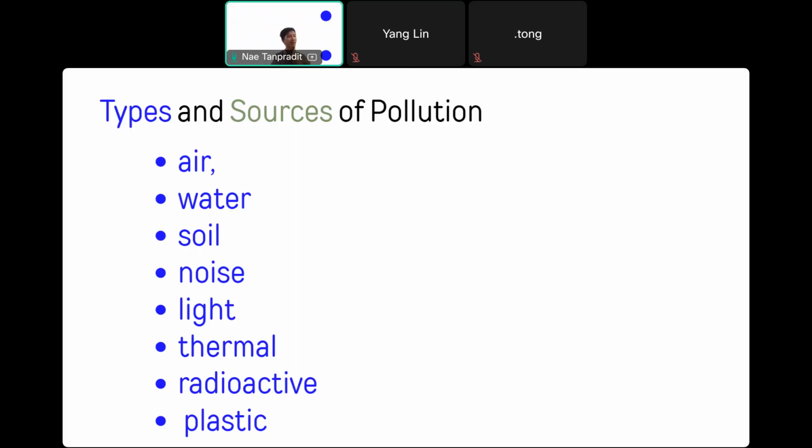So the thermal pollution mainly comes from nature, like from volcanoes, earthquakes, underground thermal activity. Sometimes it's a pollution when it has a big event, a disaster also. Okay, but there's also human-made thermal pollution, especially from the factory.